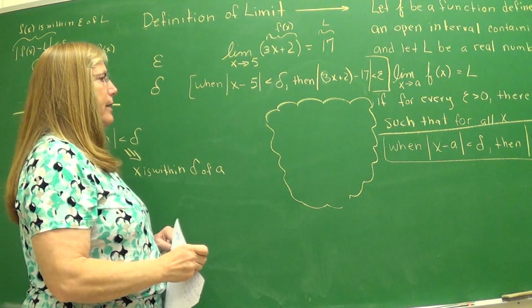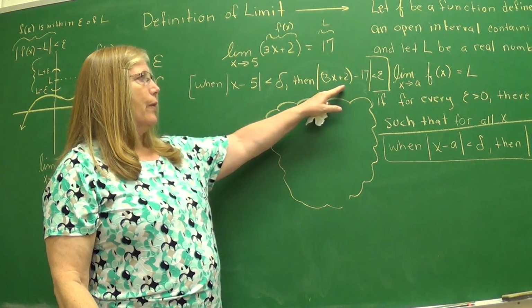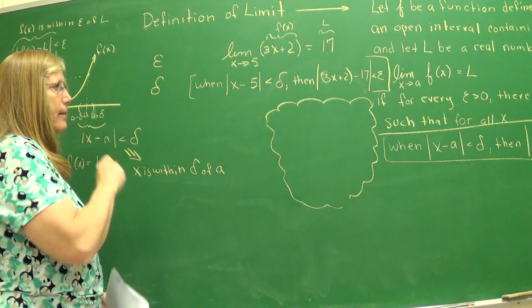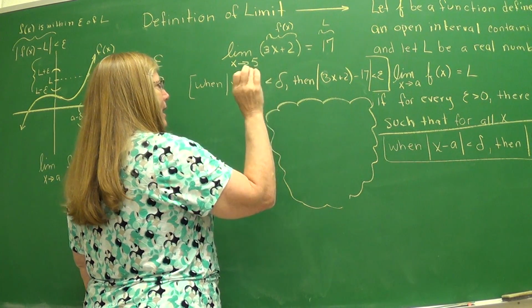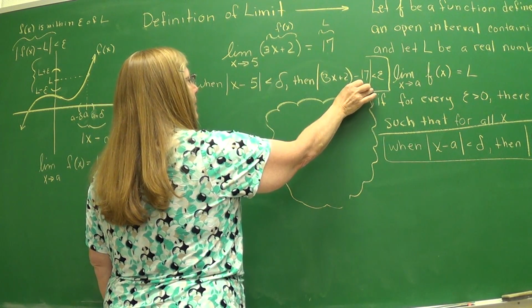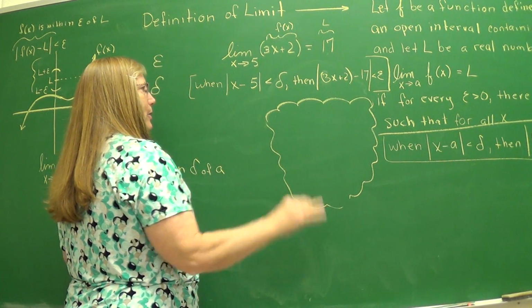In this specific example, taking the last line of our definition and putting in the values from our problem, we have this. So, how can I find a delta that will always guarantee to be within epsilon of this limit 17? What I'm going to do is work backwards.